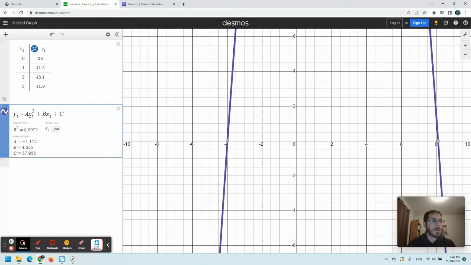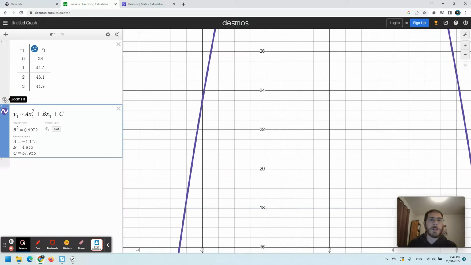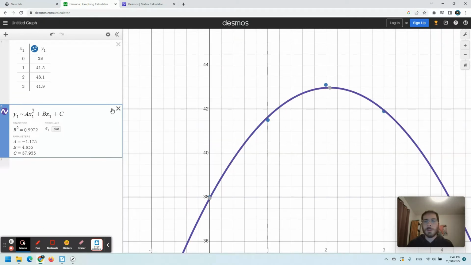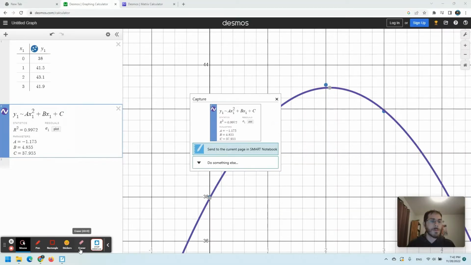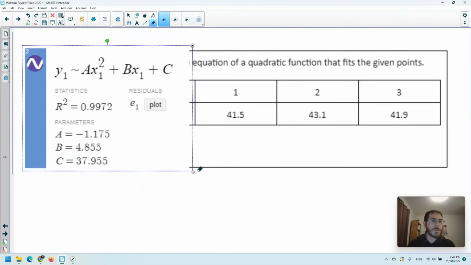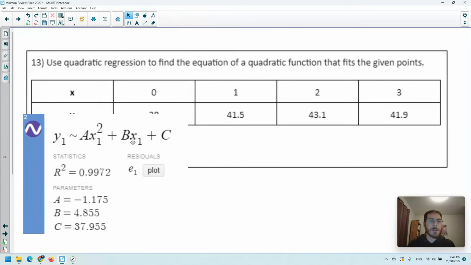So I can make them all capital. If I want to make it look pretty, I can hit the little magnifying glass. It looks like a nice parabola. But what we're really interested in is just our values over here, because those values are just going to tell us what the a, b, and c are.